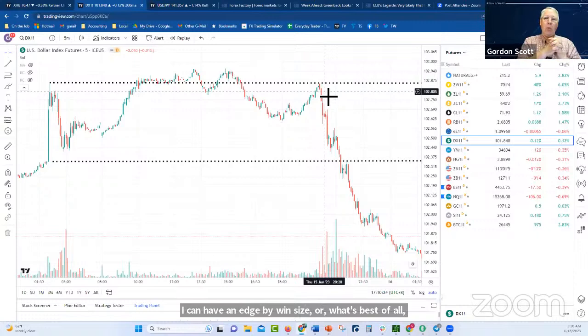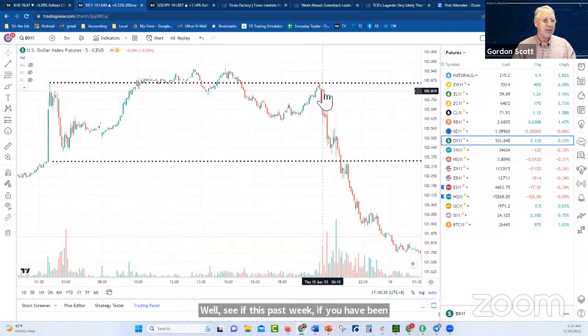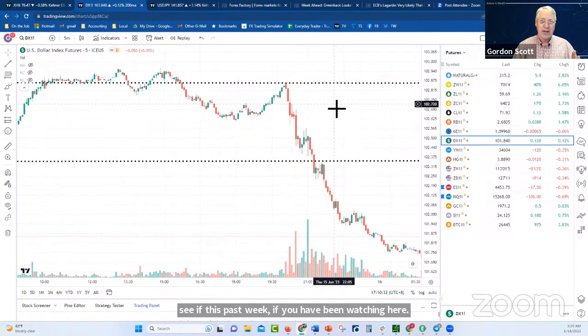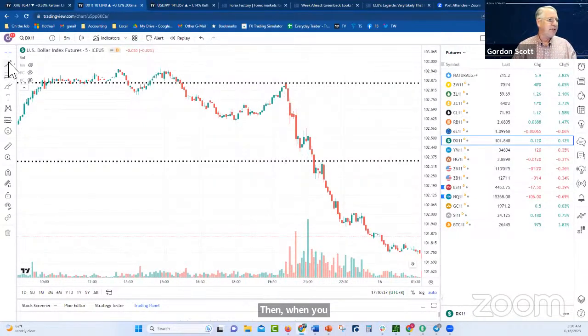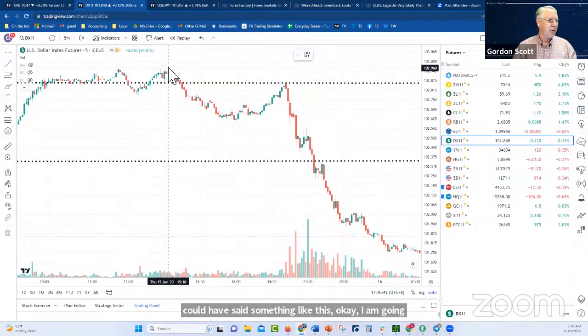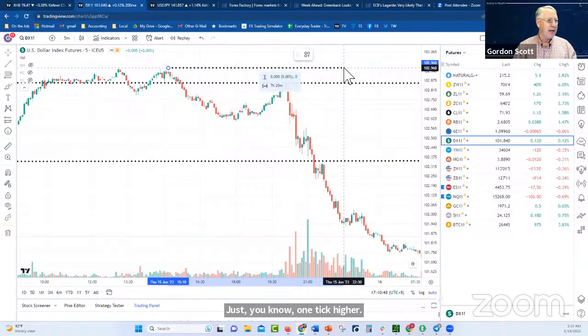Now, what about this past weekend, right? Well, or this past week, if you have been watching here and you saw this in your trading the futures, then when you hit resistance right at that point, you could have said something like this. Okay, I am going to set a stop loss right there, just one tick higher than it has been up until that point, right?